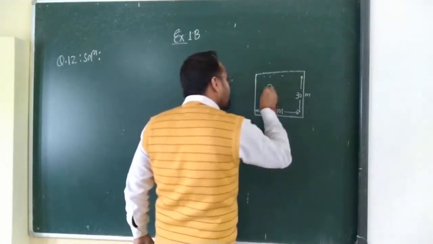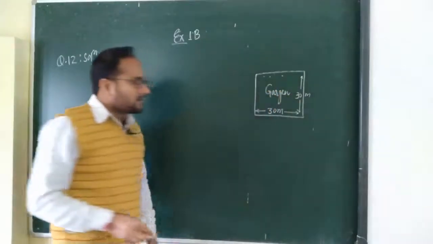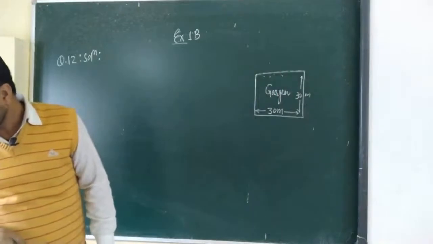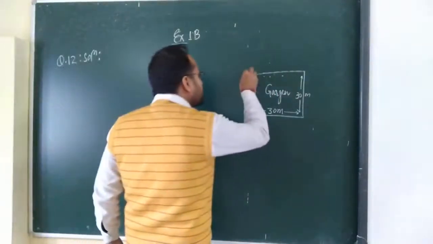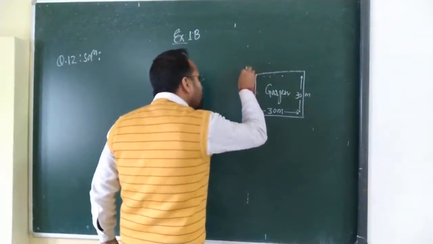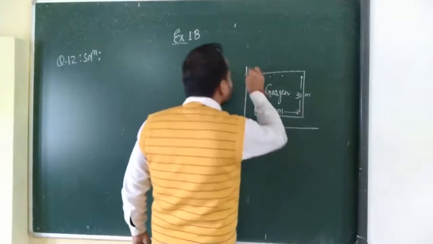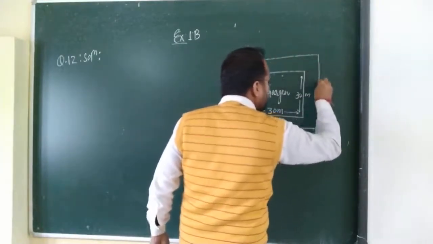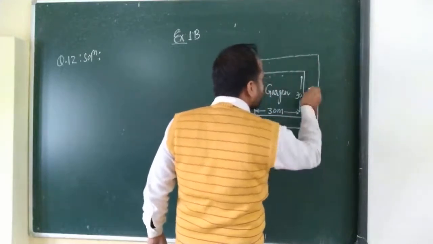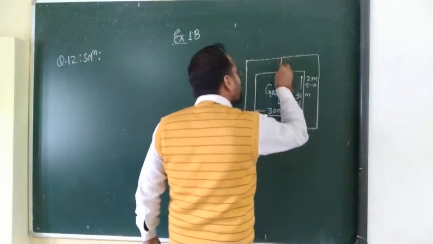This is a garden, a square garden, and a 2 meter wide path. That is the length of 2 meter on all sides.